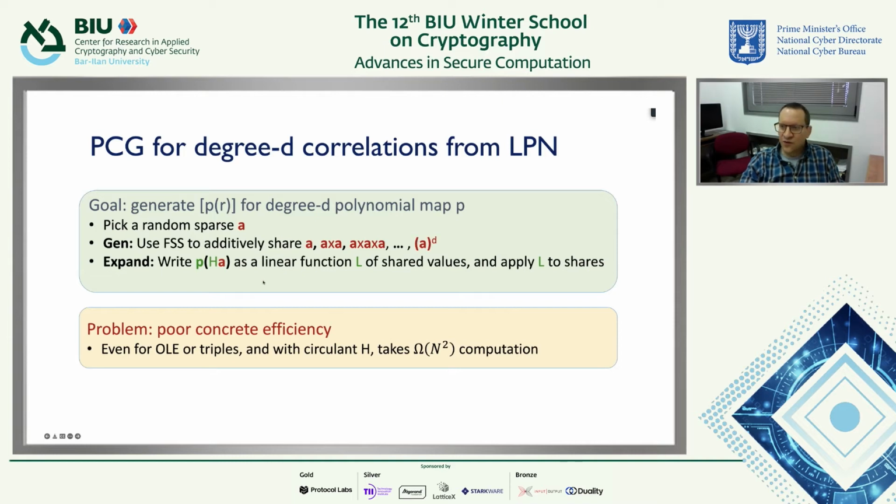So this approach works in theory. It can rely on a conservative version of LPN, but it has poor concrete efficiency, even if we just want OLEs or triples, so degree 2 correlations, and even if we take H to be a very efficient circulant matrix, this approach takes quadratic computation. If we think of N as being at least 1 million, the number of instances or the length of the correlations we want to generate, then this is computationally infeasible. It might be borderline feasible if we use a smaller value.